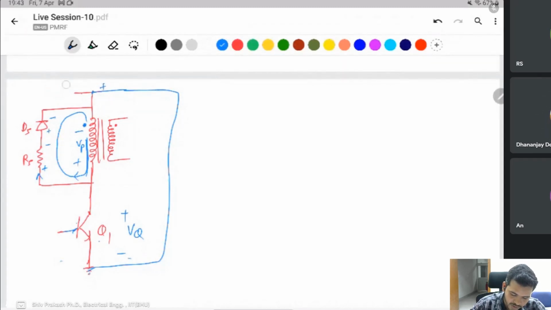Negative, this one is VCC. If you apply KVL here, then taking a loop from here: minus VQ plus VP plus VCC is equal to 0, then VQ is equal to VP plus VCC.